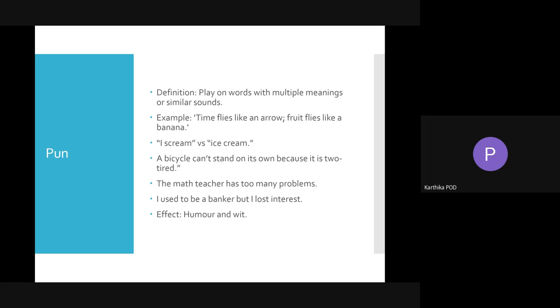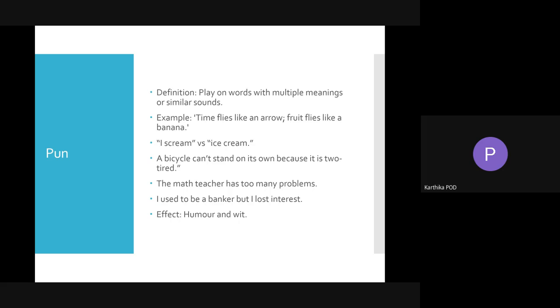Or if I say the math teacher has too many problems, why am I using the word problems? Because math has a lot of problems. So here again, I'm playing with words and the meaning. I used to be a banker, but I lost interest.